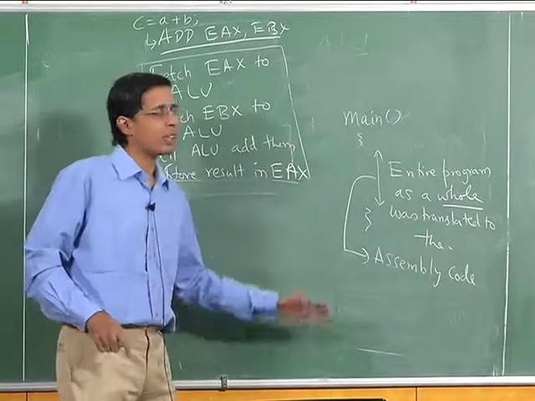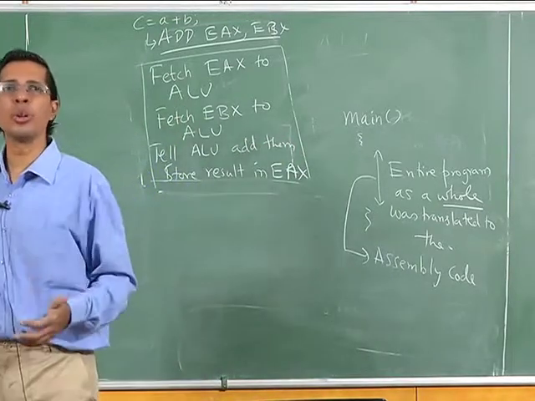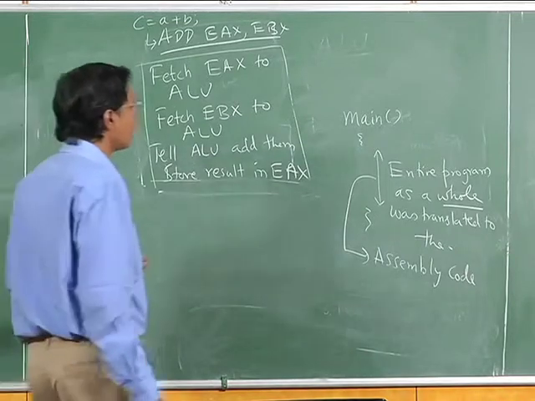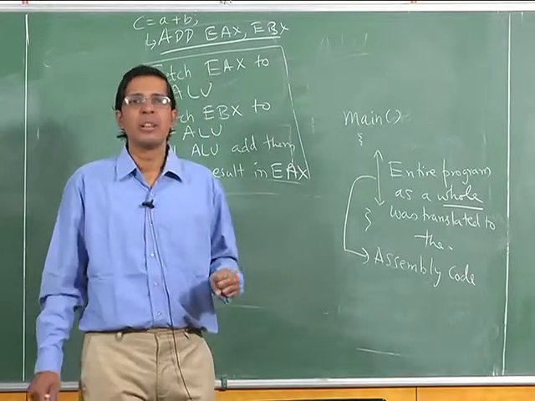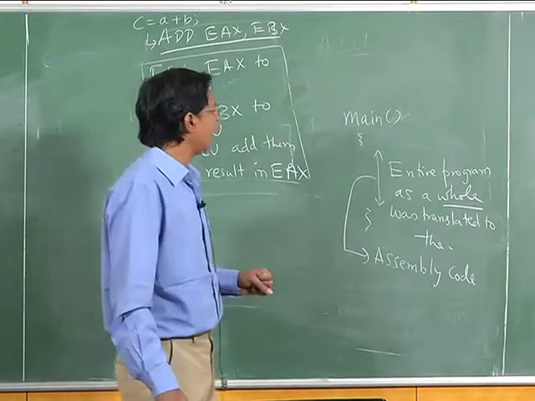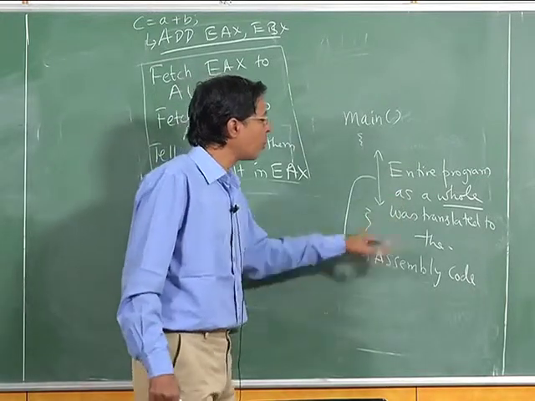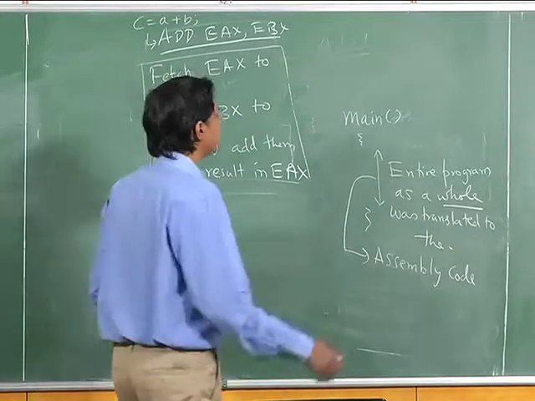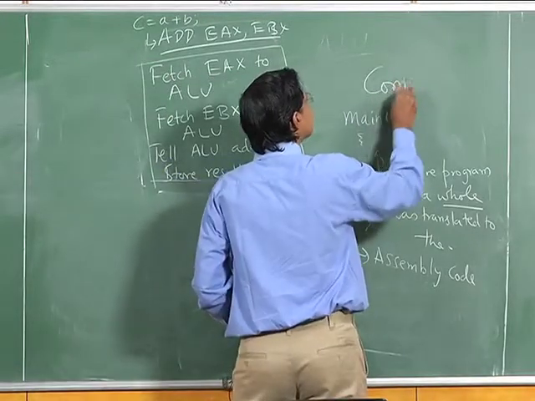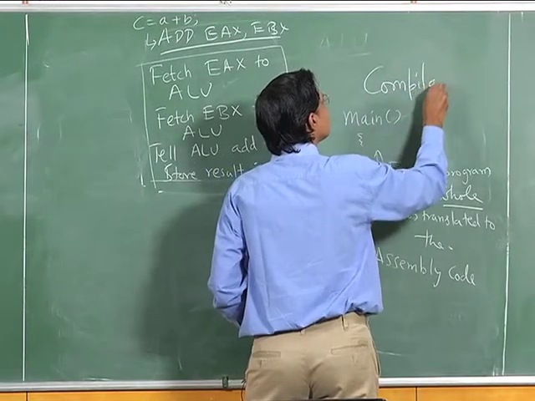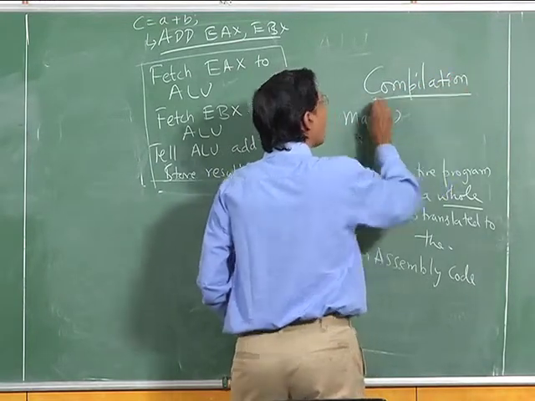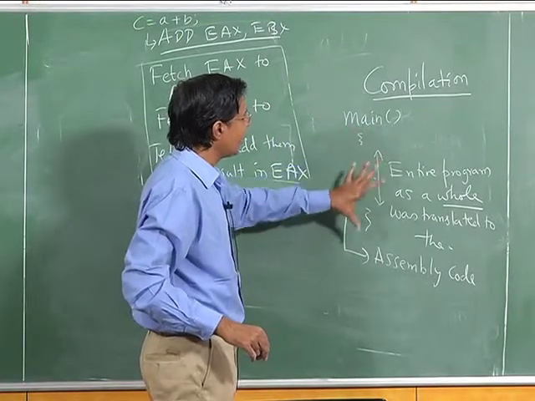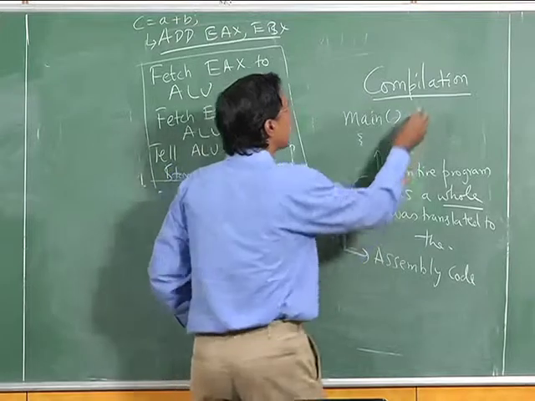I am writing these things on the board because I am giving time for you to copy. I hope all of you have a notebook and a writing pen and you will copy this, okay. So the entire program as a whole was translated to the assembly code. This translation is basically called as compilation, and the software that converts this language, the entire program, into assembly code is called a compiler.